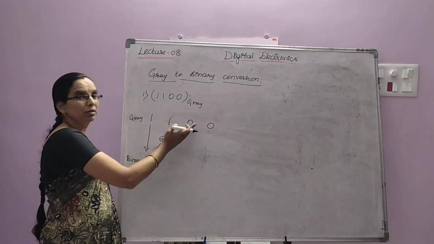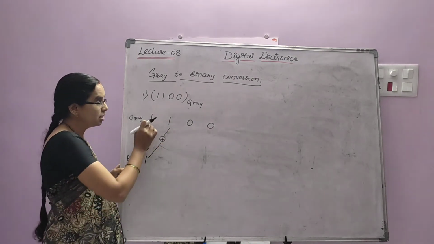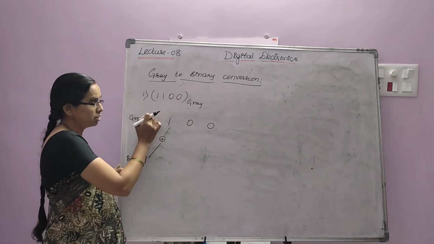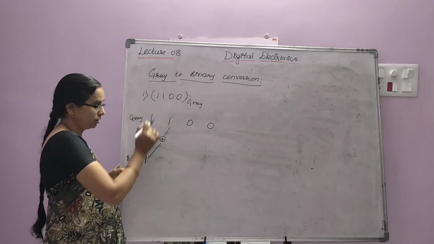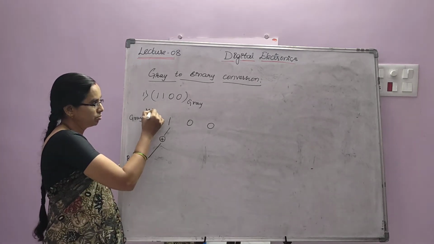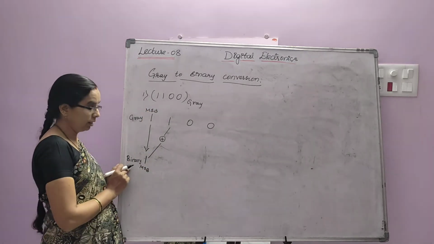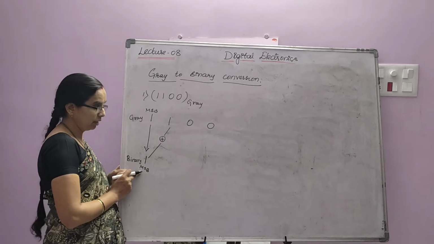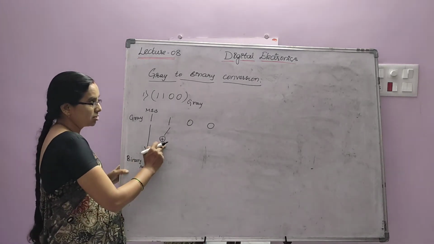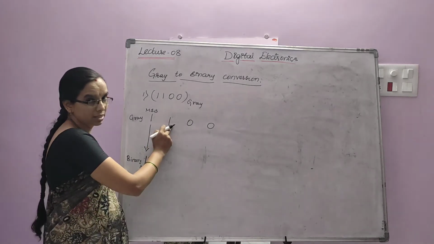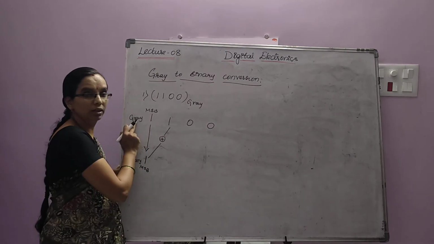Just a cross multiplication kind of thing it is. Here the MSB of the gray will be the MSB of binary, and that MSB of binary is XORed with the next bit of the gray code.